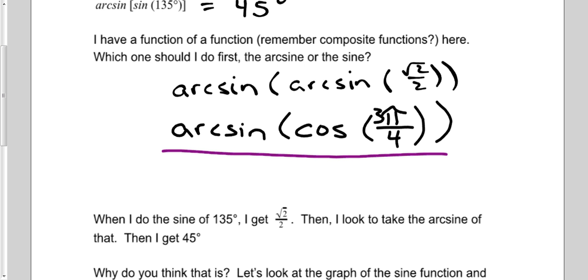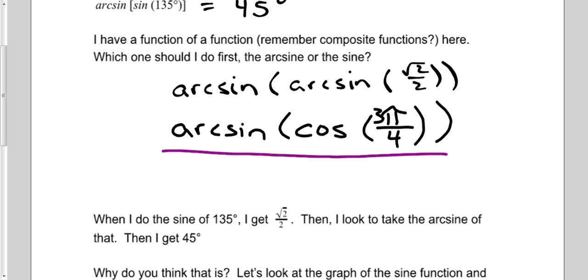Because let's go through this exercise. What's the cosine of 3 pi over 4? Remember, 3 pi over 4 is here. My reference angle is pi over 4, which is 45 degrees. It's square root of 2 over 2, but it's negative because it's cosine, right? Now, what angle produces that sine?